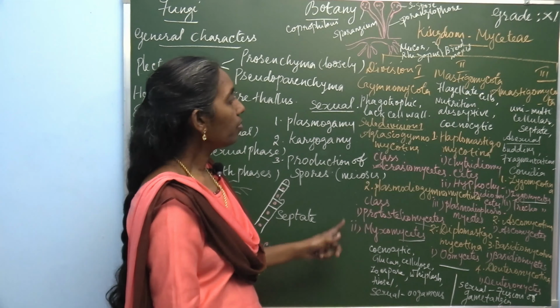Now the division Mastigomycota is subdivided into Haplomastigomycotina and Diplomastigomycotina, Haplo and Diplo.